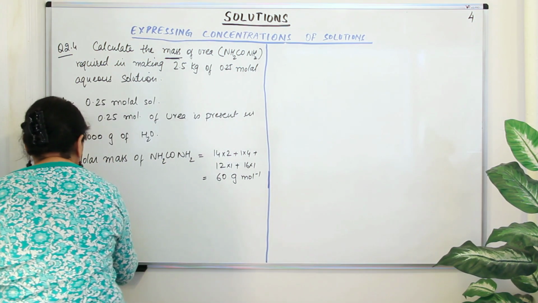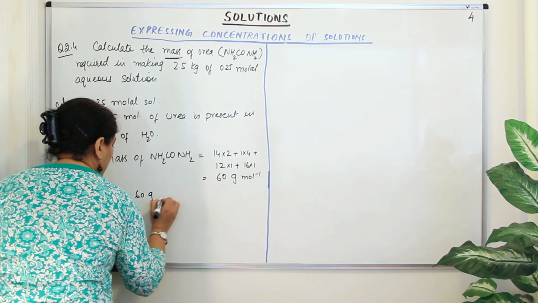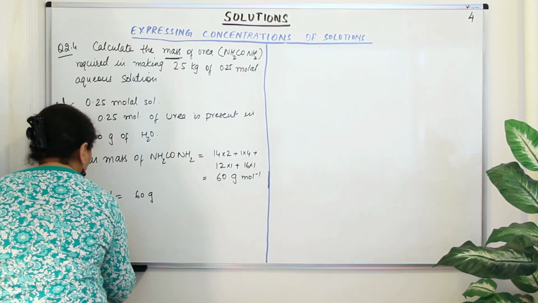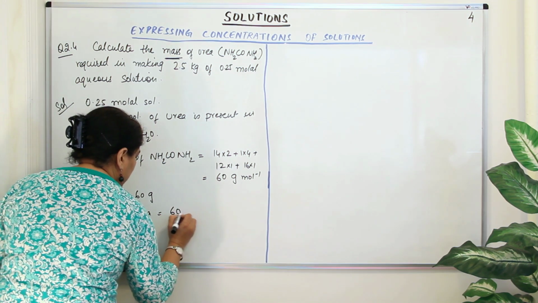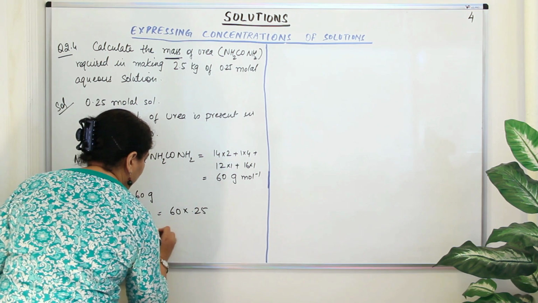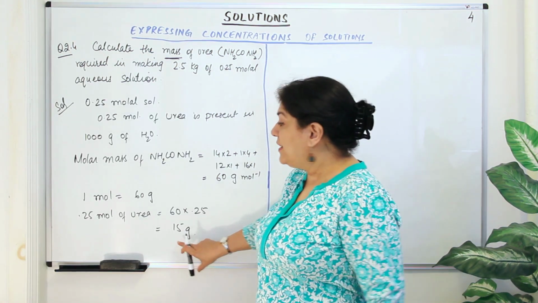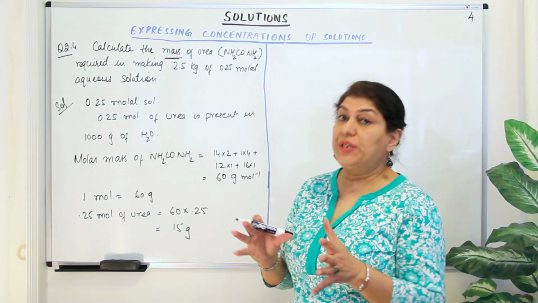So 1 mole is equal to 60 grams of urea. Then 0.25 mole of urea would be equal to 60 into 0.25, which is equal to 15 grams. Now 15 grams of urea is present in 1000 grams of water.